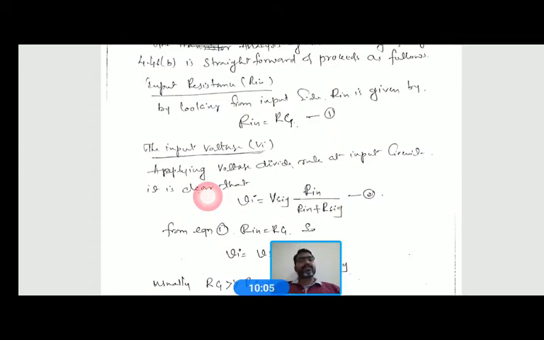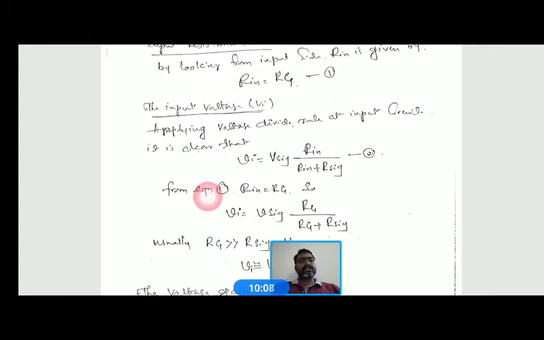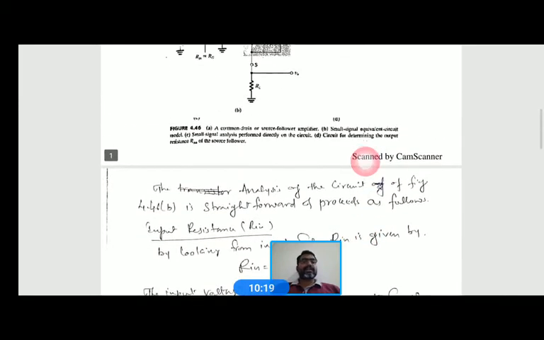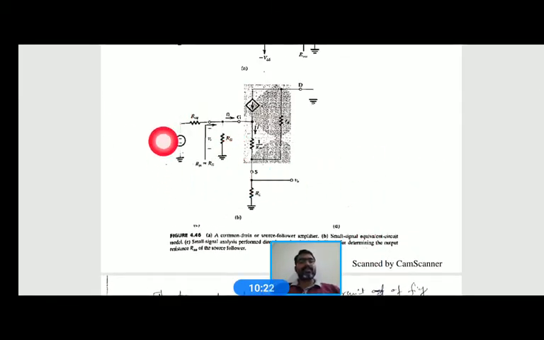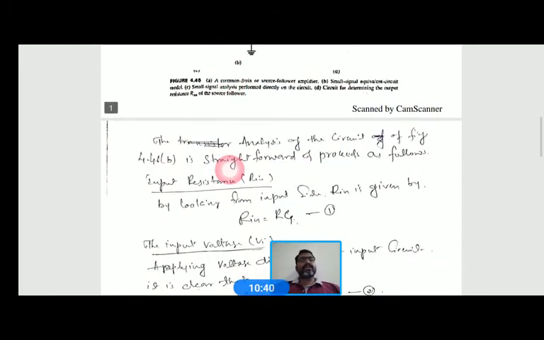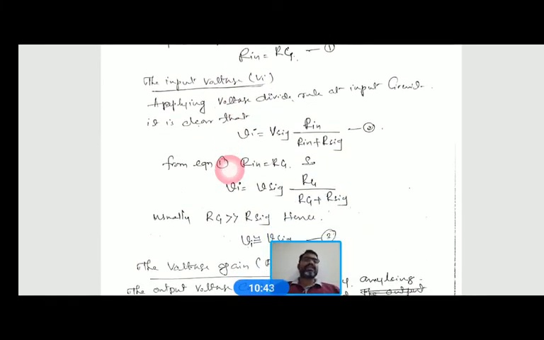The second parameter we are going to analyze here is input voltage Vi. By applying the voltage divide rule at the input circuit, we can clearly say that Vi, the input voltage, which is the drop across the RG, is equal to V signal into Rin divided by Rin plus R signal.